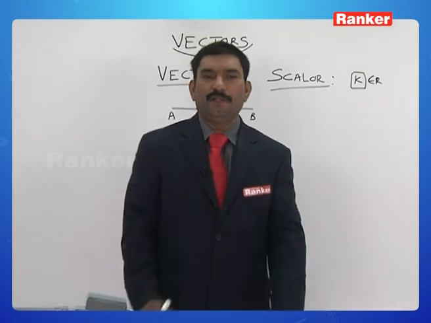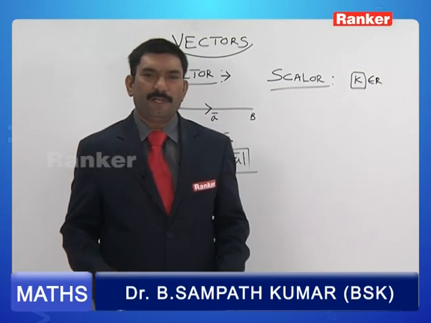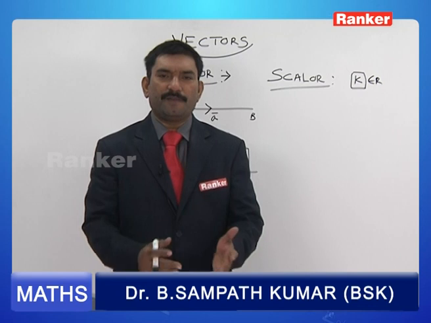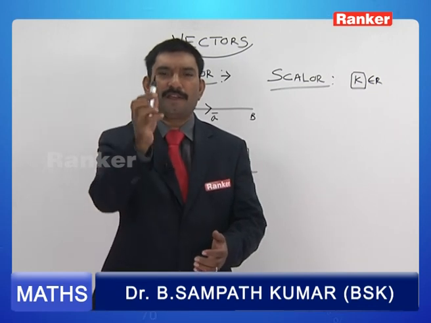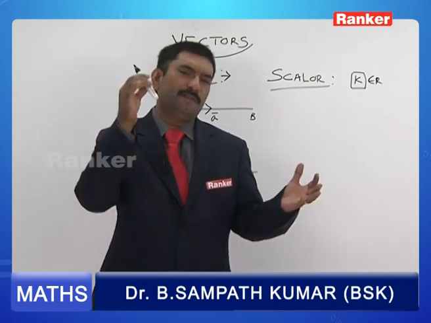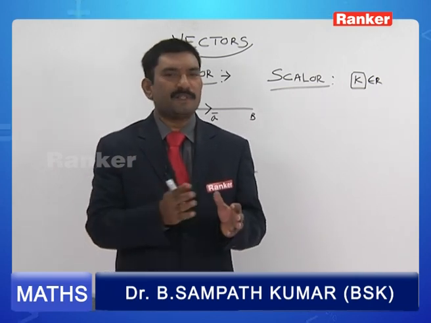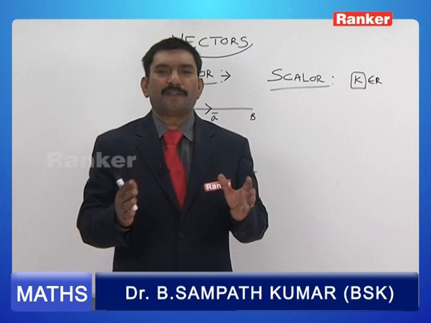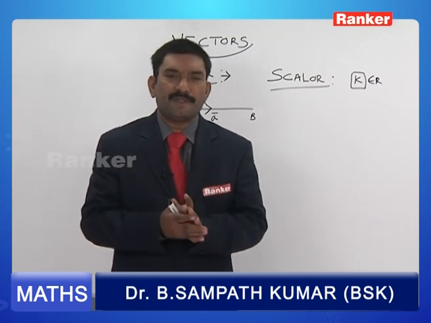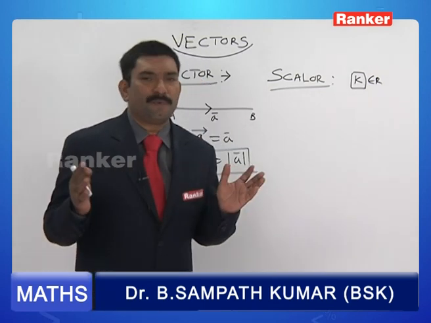Do you agree? No, the weight of me is 200 kilos. The mass of this pen, this marker, can you say 10 kilos? All this, 10 kilos, 150 kilos, distance 2 meters, 10 meters, comes under real numbers, because it has no direction particularly.